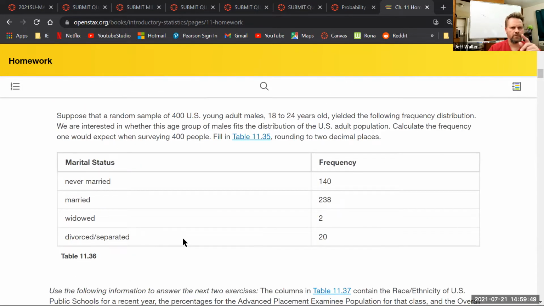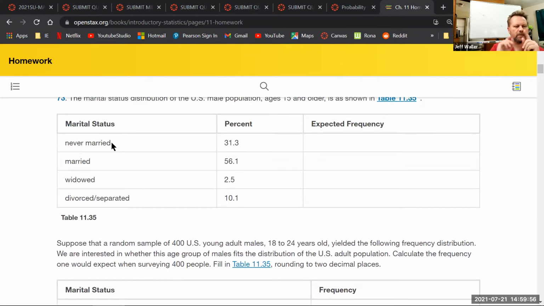Oh, no. Be really careful. These are the observations. How many people in any group, what percentage of the people would we expect to have never been married? It's right there. It's not like a question you got to Google. What does this problem tell me? 31.3%.